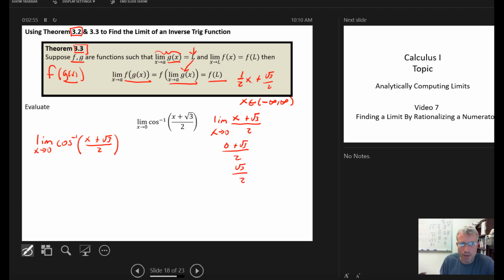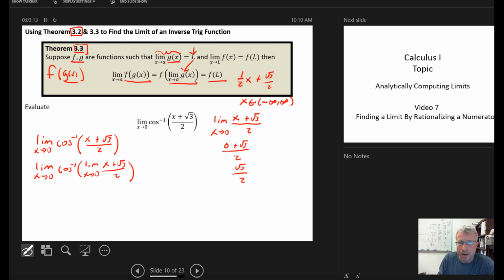So for my function composition here, I'm going to rewrite this as the limit as x goes to 0 of the cosine inverse of, we take the limit as x goes to 0 of the inside function, x plus the square root of 3 over 2.